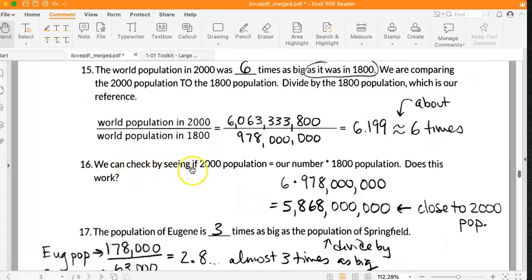We can check by seeing if the 2000 population equals our number, which is 6 times the 1800 population. So if we take 978 million times 6, we get this number, which is not quite 6 billion, but it's close. It's close to this 6 billion number up here.